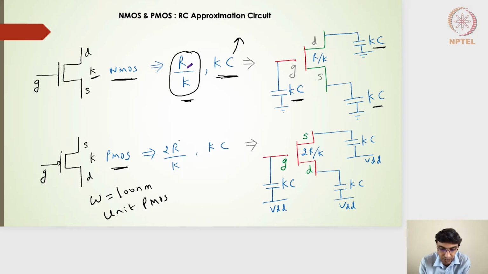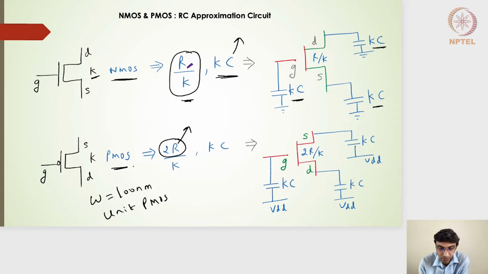So we have 2R, where R is the unit NMOS switching resistance, and if the PMOS transistor is scaled k times the 100 nanometer unit width, we get 2R by k. So the overall switching resistance of the PMOS transistor is scaled down by k times.